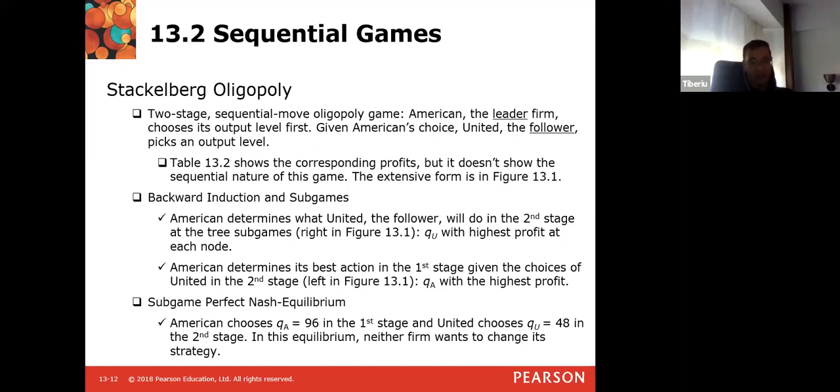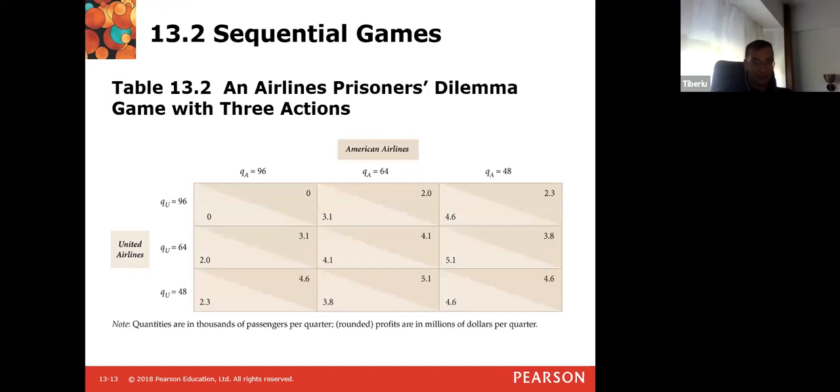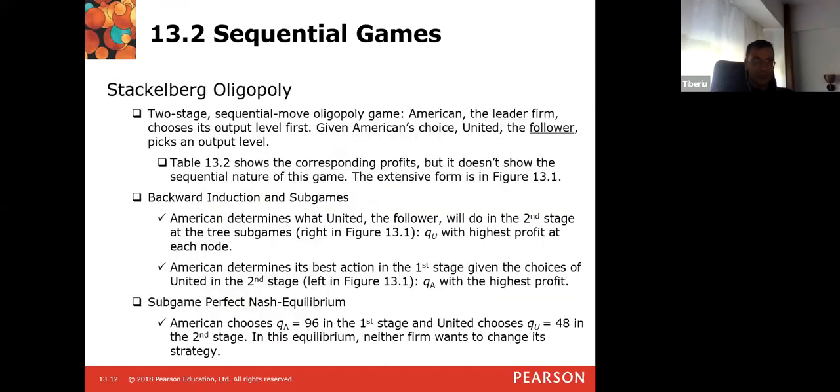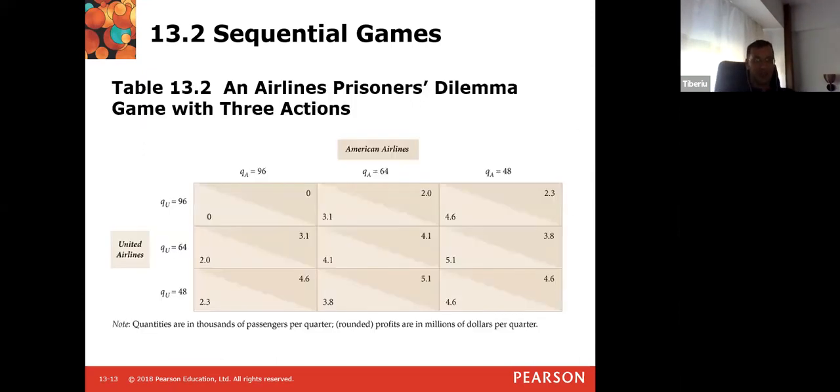The next table shows the corresponding profit, but it doesn't show the sequential nature of this game. So we have here Table 13.2, an airline's prisoner's dilemma with three options.